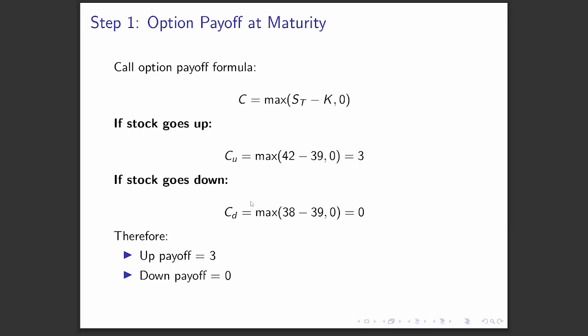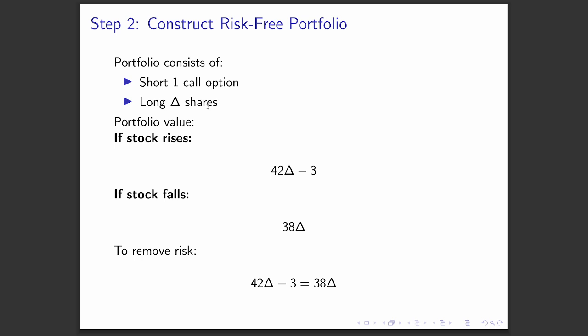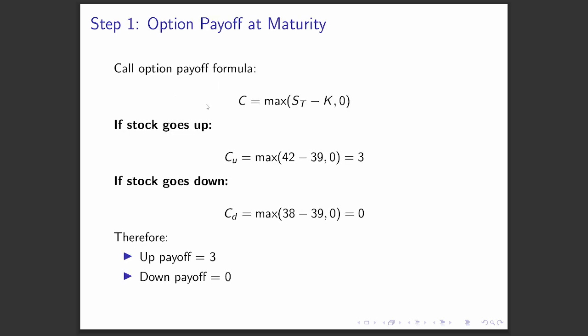Now it represents the option payoff at maturity. Here we calculate the payoff of the call option at maturity. The payoff formula for a call option is C equals max(ST minus K, 0). This means the option will only have value if the stock price is greater than the strike price.